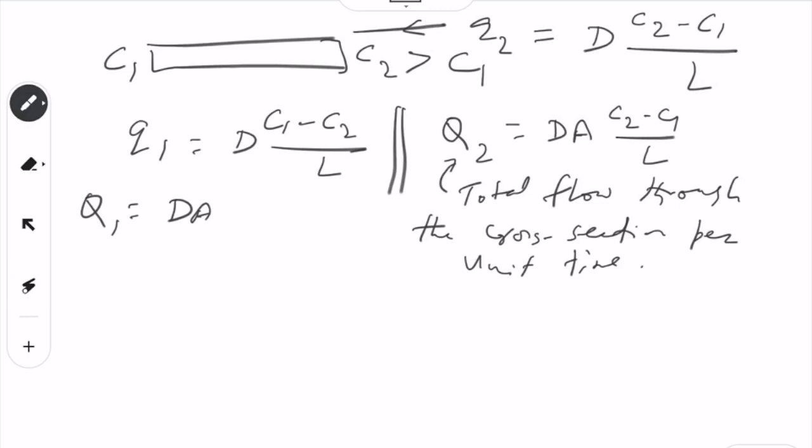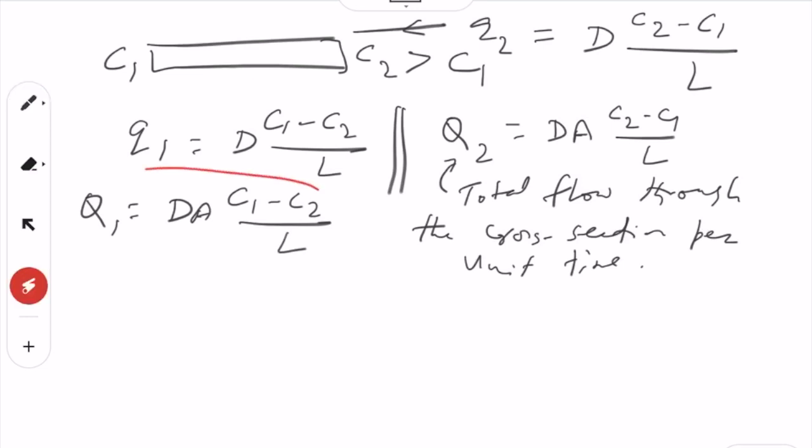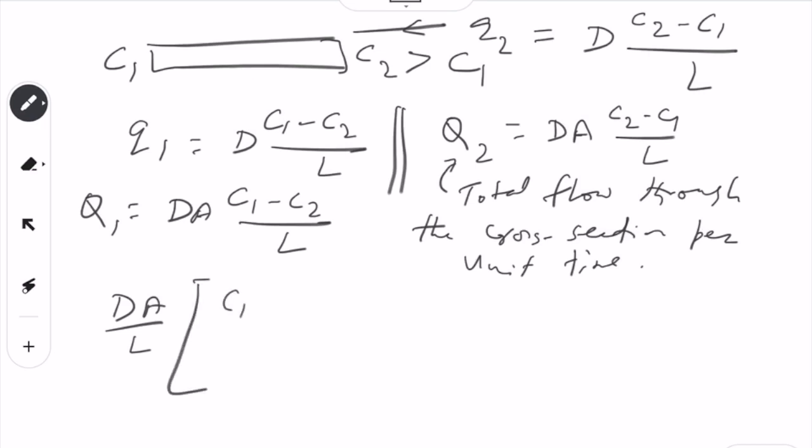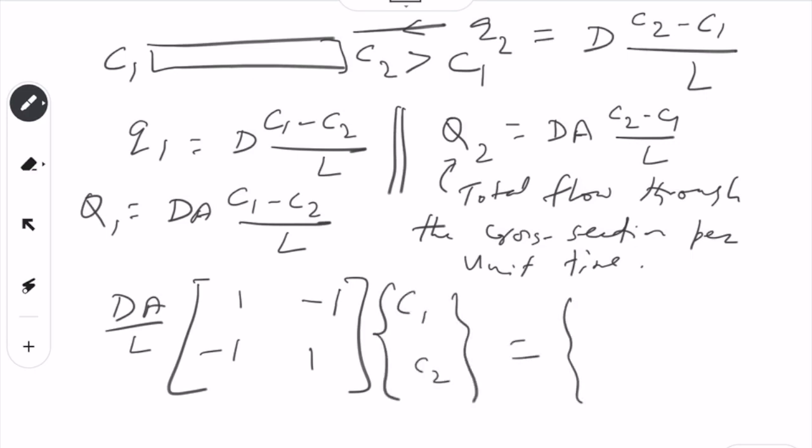So dA multiplied by (C1 minus C2) over L, and hence we can combine this equation and then this equation together, and what we will get? We will get dA over L, and then we have the matrix 1, minus 1, minus 1, 1, and then we have C1, C2 equal to big Q1 and big Q2.